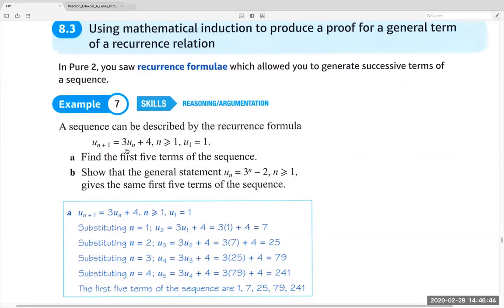So you have a look at this. Do we have this kind of sequence in core mathematics? Yeah, we have learned recurrence, I think you have learned it in IGCSE also.